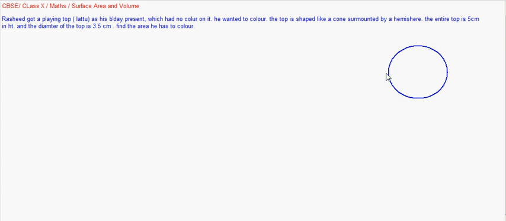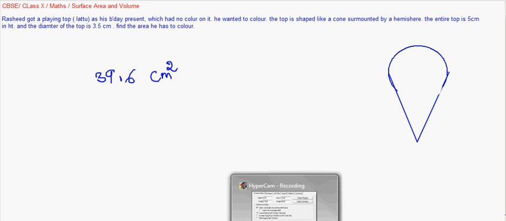I'm giving you the figure as a help or some kind of hint for you to begin with. This is how it might just look like, and I give you the answer. Find the area he has to color, calculate, and then check if you are getting 39.6 centimeters square or not. Hope you get that right.